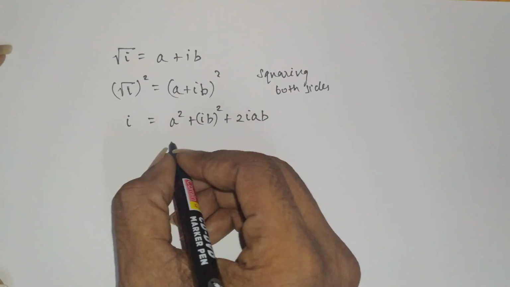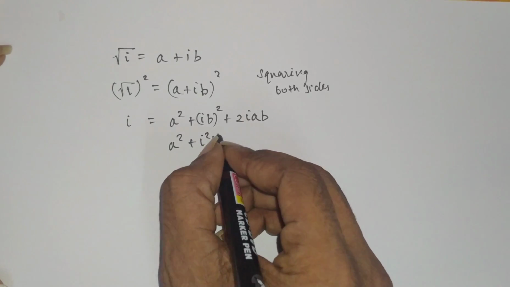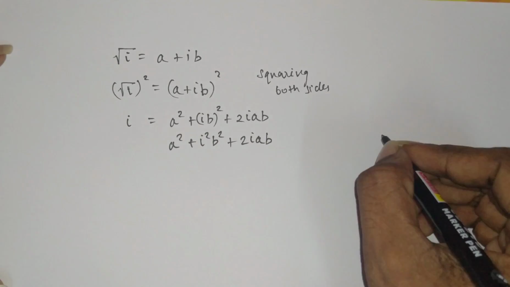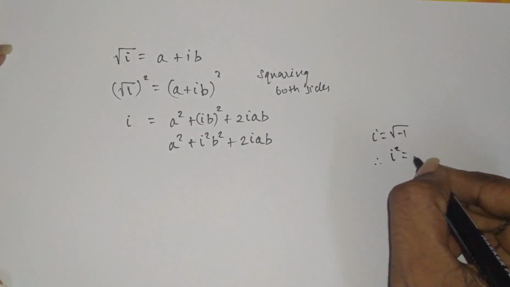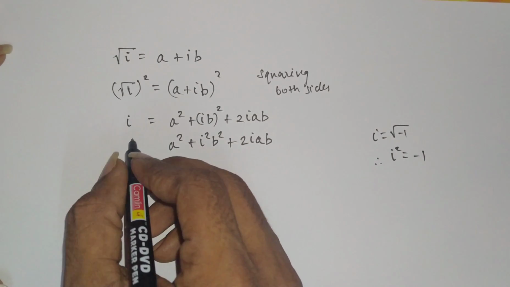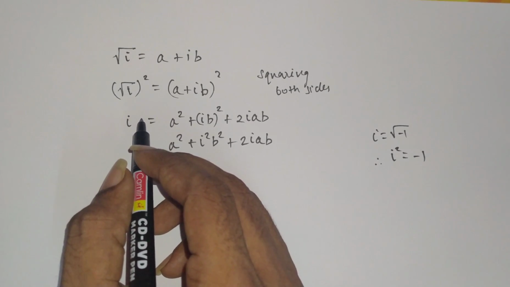On further expanding the equation, we get a squared plus i squared b squared plus 2iab. We all know i equals root of minus 1, therefore i squared should be minus 1. So from this equation, i is equal to a squared plus i squared b squared plus 2iab.